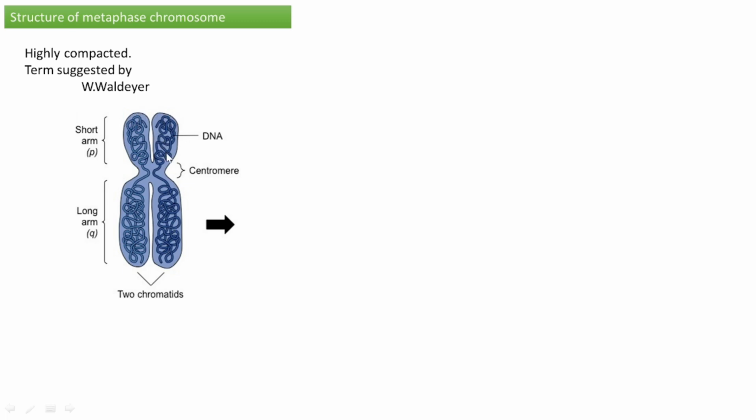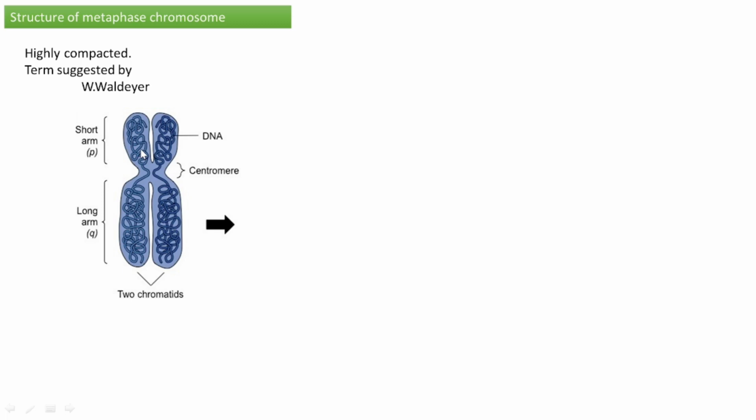As it finished a round of DNA replication, it now has two chromatids, and these are called sister chromatids. We can see sister chromatids at the chromosome stage, and each chromatid, this one is one chromatid, contains a DNA, and the DNA is transcriptionally inactive.